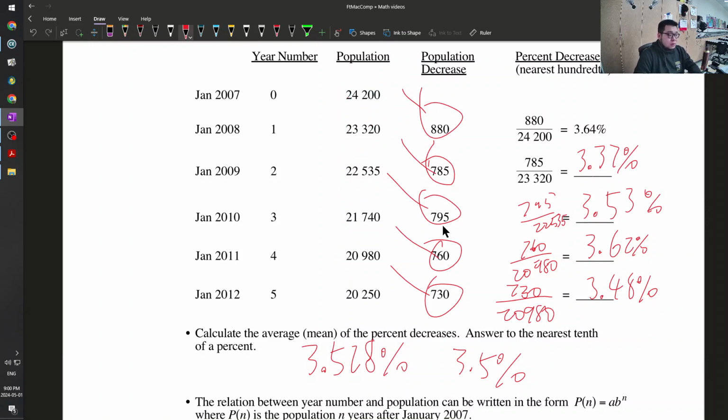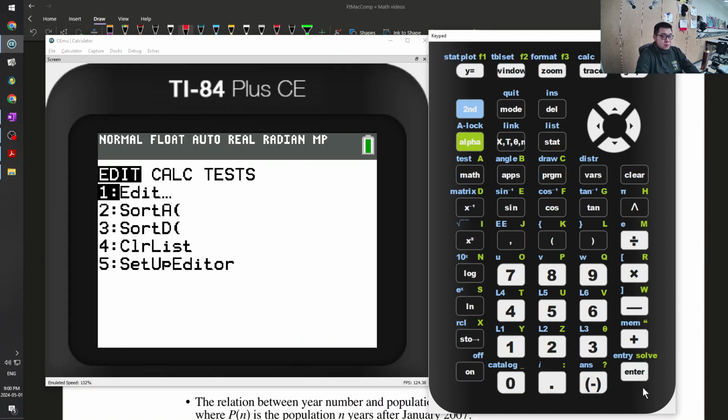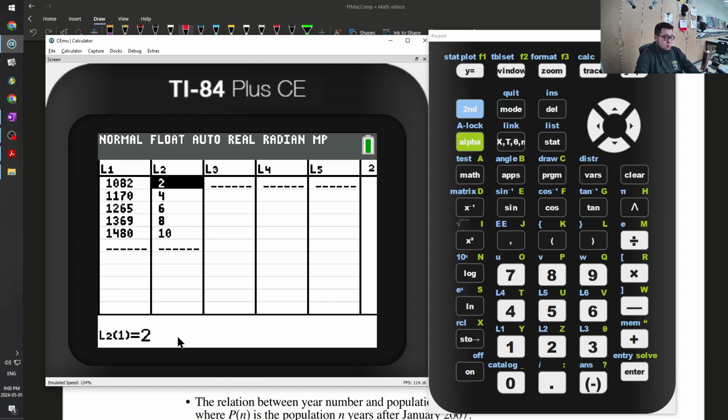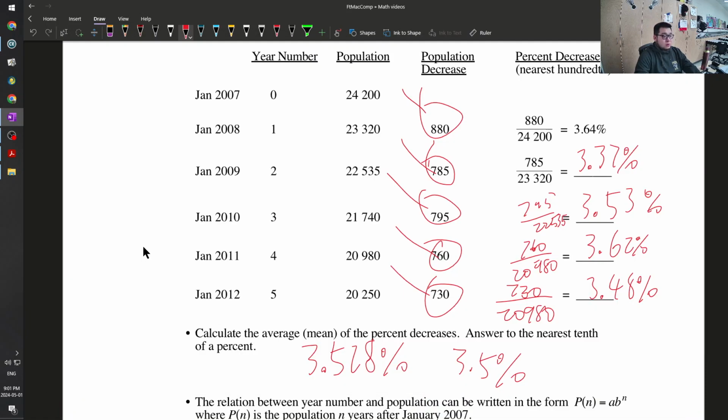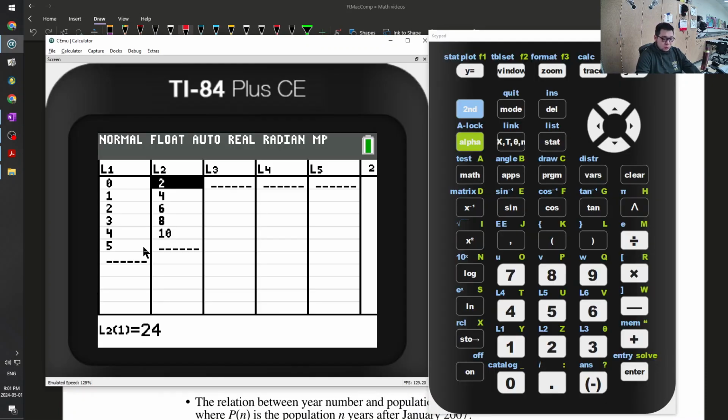Stat, edit. 0, 1, 2, 3, 4, 5, and the populations.